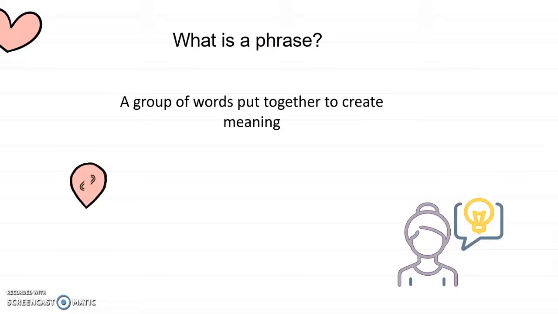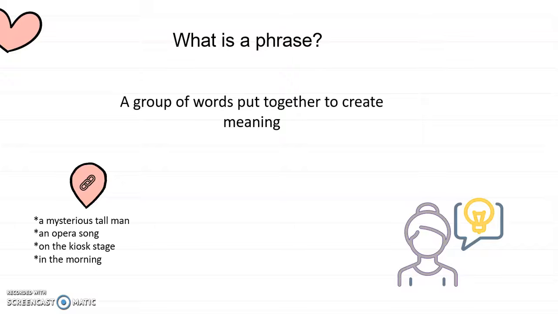Examples of a phrase are: a mysterious tall man, an opera song, on the kiosk stage, in the morning. Each of these communicate an idea, but they are different from a complete sentence.